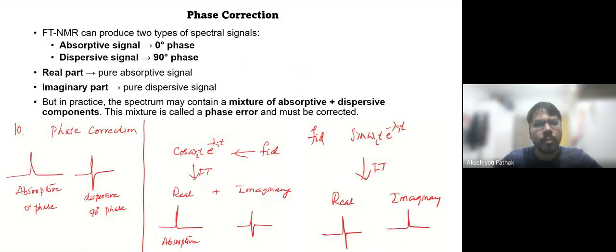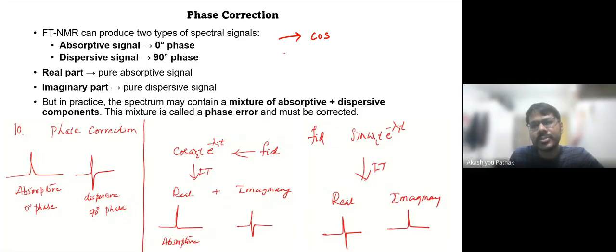Now, we had also learned about the phase correction. Just now we learned that when we are applying the RF pulse and capturing the signal of the transverse magnetization, we get two types of signal.